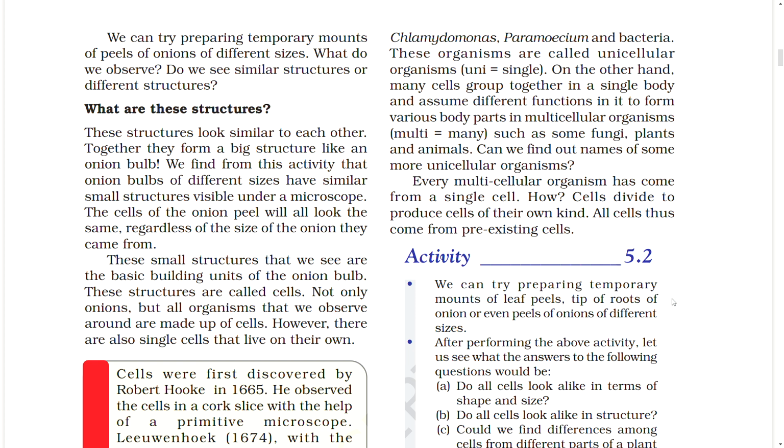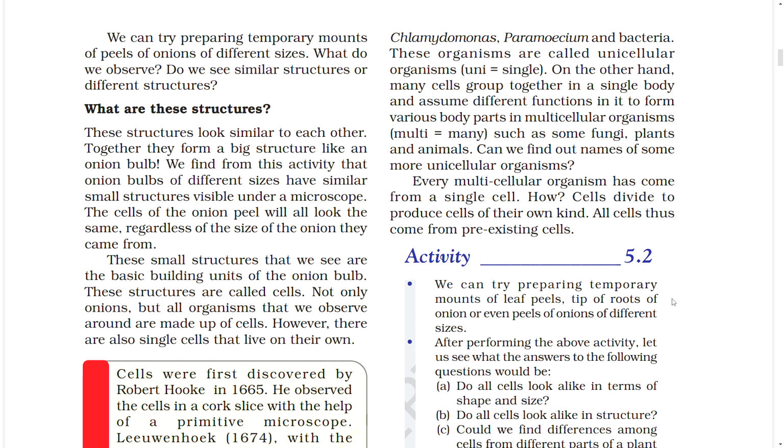We find from this activity that onion bulbs of different sizes have similar small structures visible under a microscope. The cells of the onion peel will all look the same, regardless of the size of the onion they came from. The small structures that we see are the basic building units of the onion bulb.